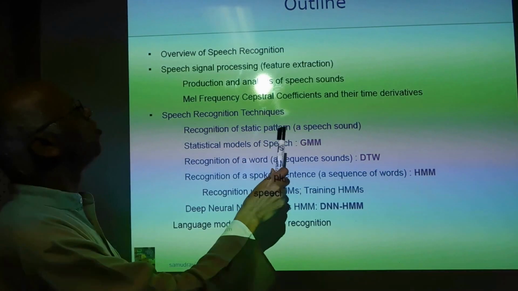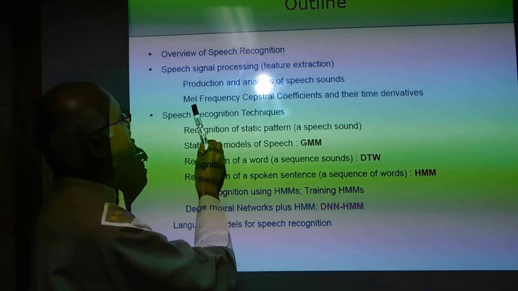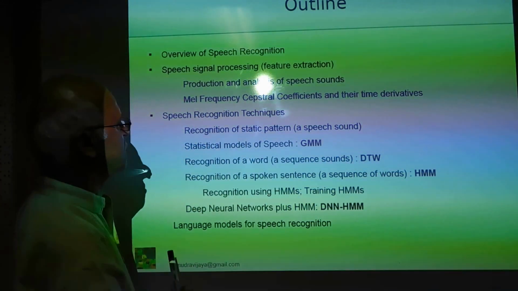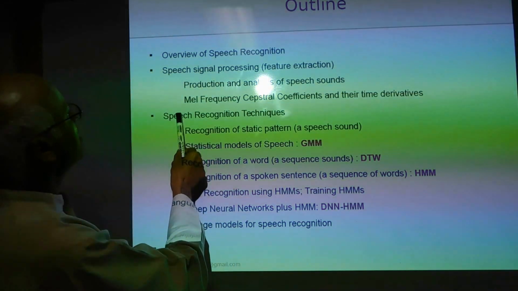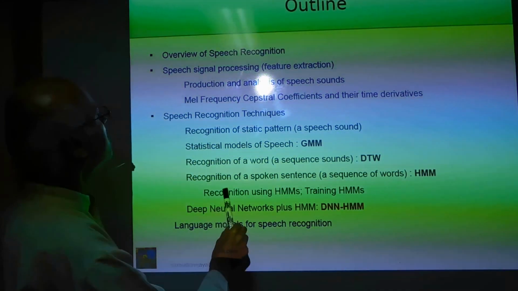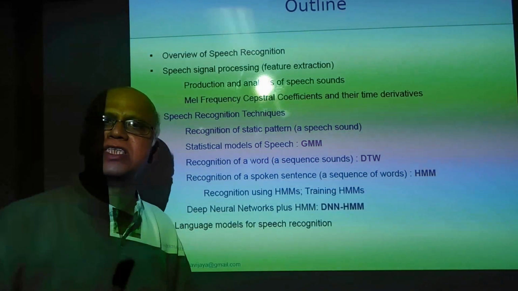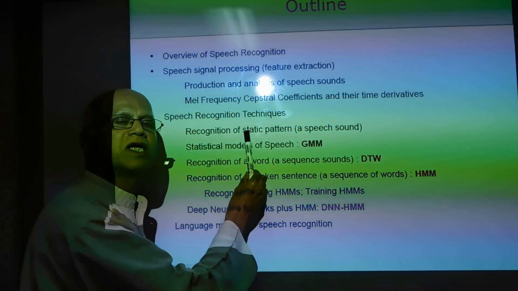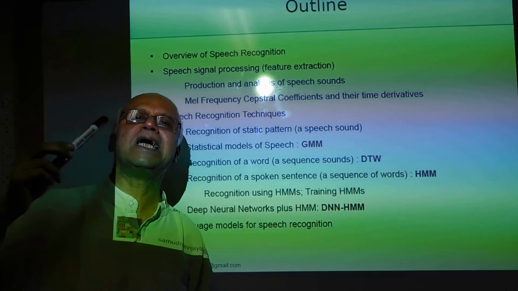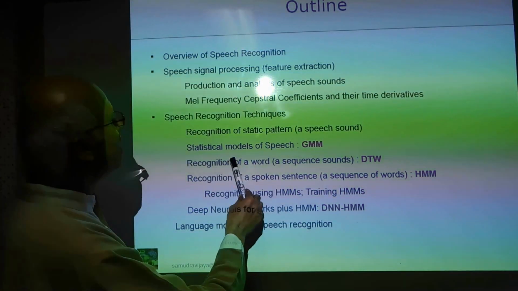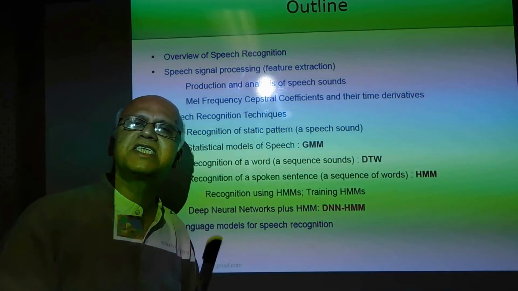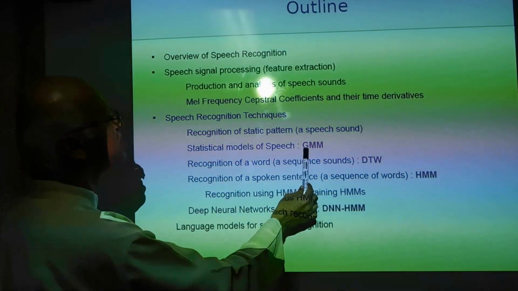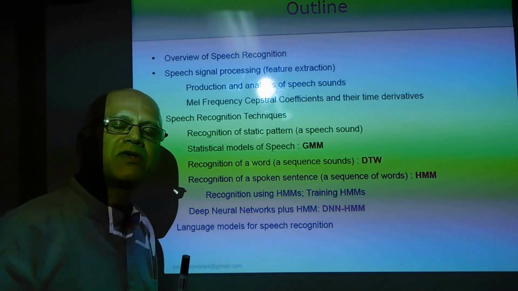The well-known speech features are called Mel frequency cepstral coefficients. And then we will talk about various techniques of recognizing speech. To begin with, we'll learn how to recognize one speech sound, and we will also talk about statistical models, probabilistic models. Gaussian mixture model is an example that we will take.